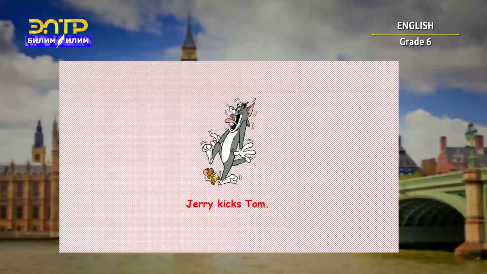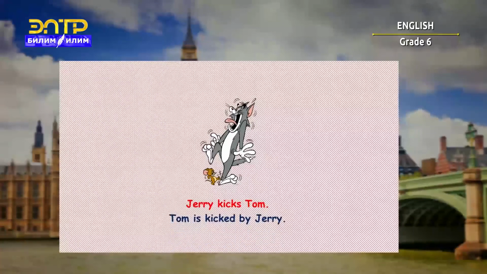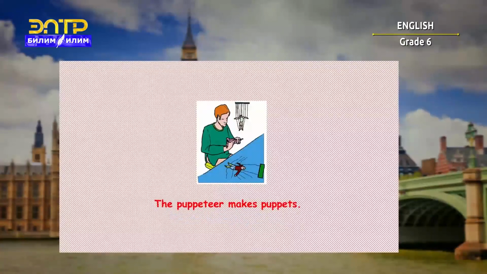The next, Jerry kicks Tom. In its passive form: Tom is kicked by Jerry. The puppeteer makes puppets.